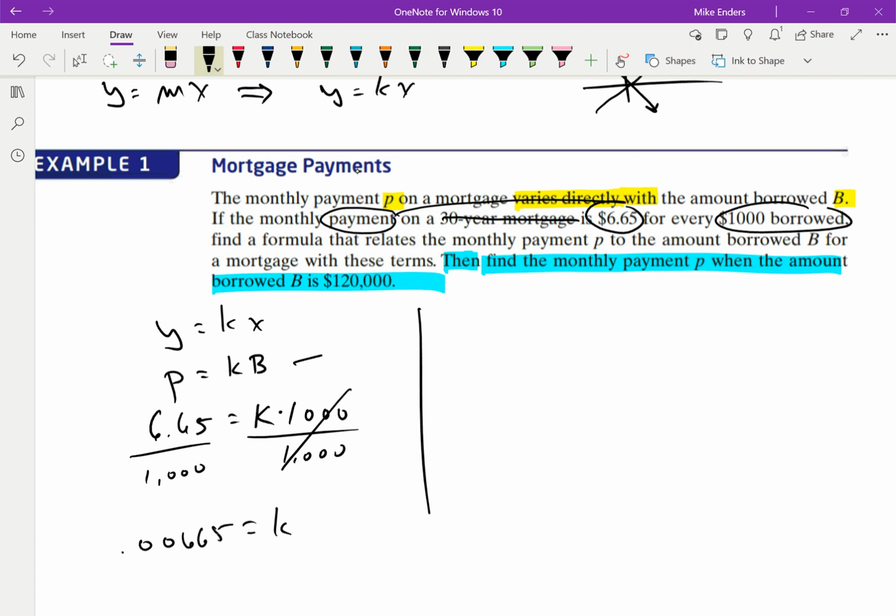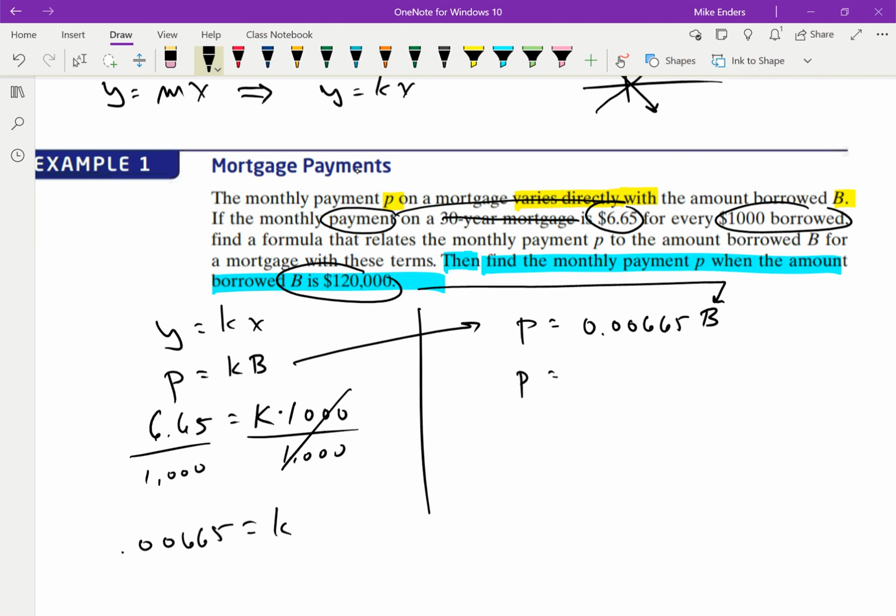So now I can take this equation and rewrite it and say P equals, now I know effectively what my slope is, 0.00665 multiplied by the amount borrowed. And I know that my amount borrowed now is 120,000. So I'm going to replace capital B with that 120,000. So my payment then is going to be 0.00665 multiplied by 120,000.